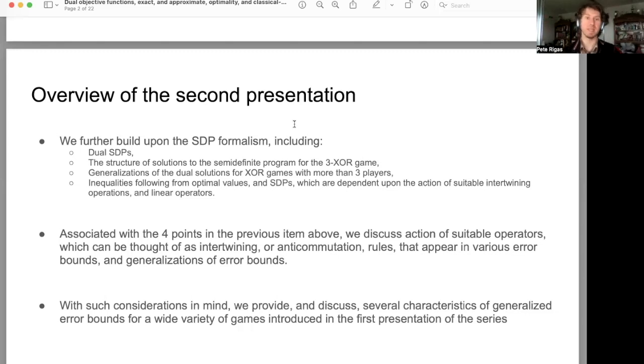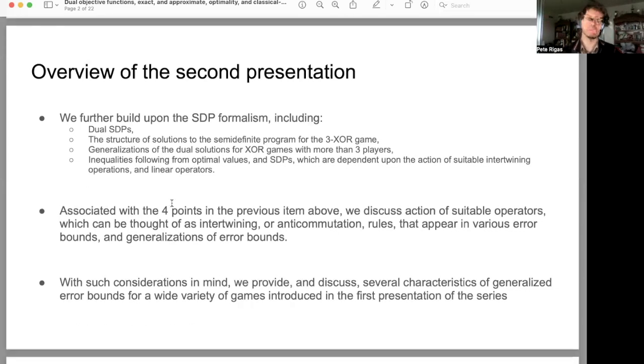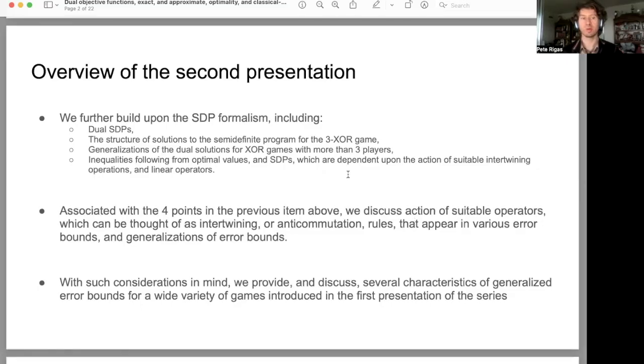As given in the second bullet point, associated with the four points in the previous item above, we discuss how the action of suitable operators, which can be thought of as intertwining or anti-commutation rules, appear in various error bounds and generalizations of error bounds.